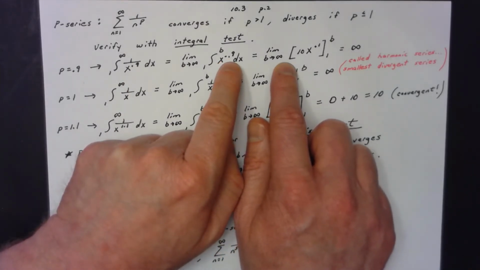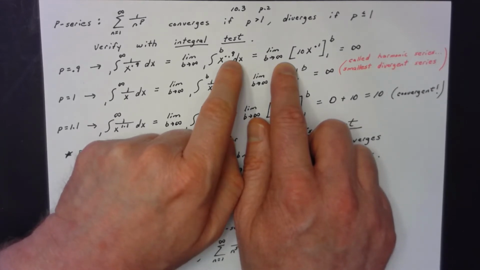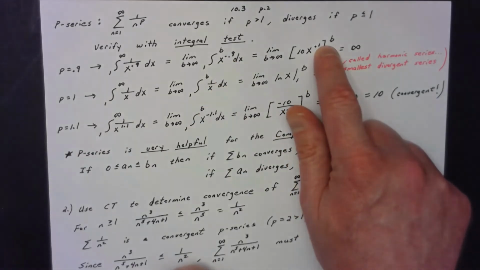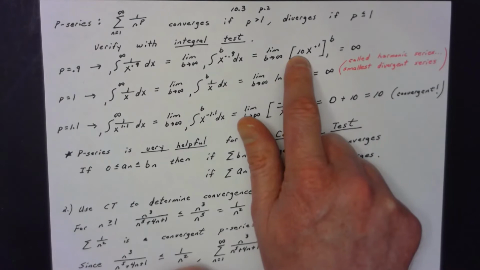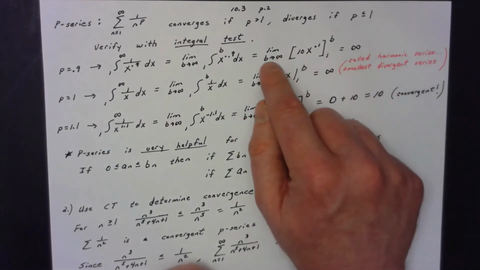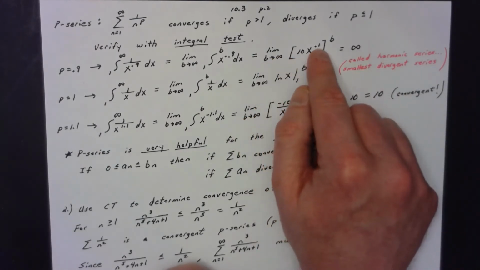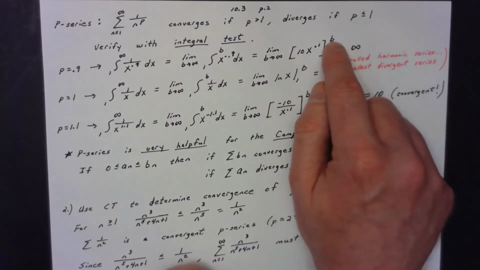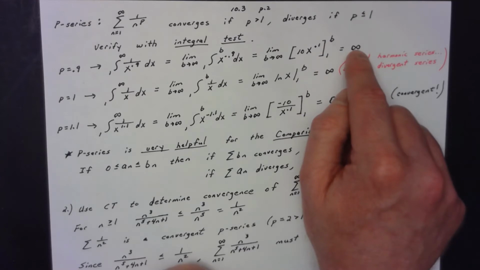And then whenever you integrate, you add 1 to that exponent. X to the negative 0.9 becomes x to the positive 0.1. If you divide by 1/10, then that's the same thing as multiplying by 10. So we end up with the limit as b approaches infinity of 10x to the 0.1 power evaluated from 1 to b. Now instantly you need to see, well, this goes off to infinity.